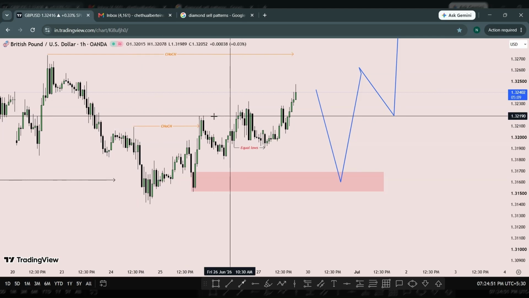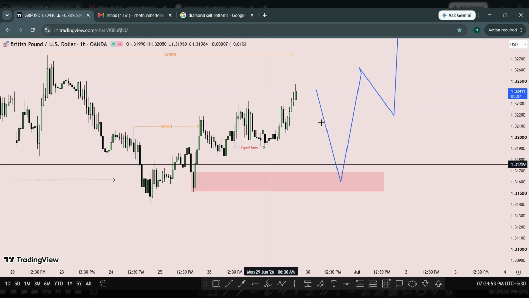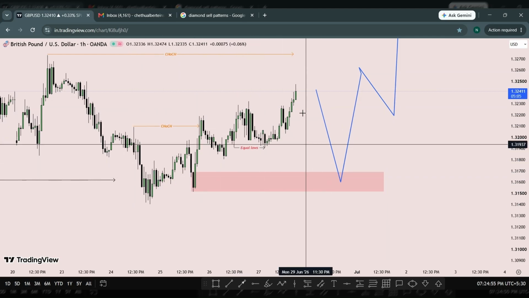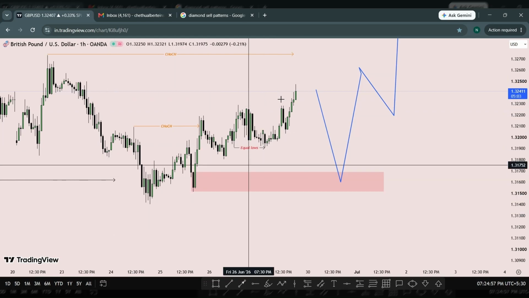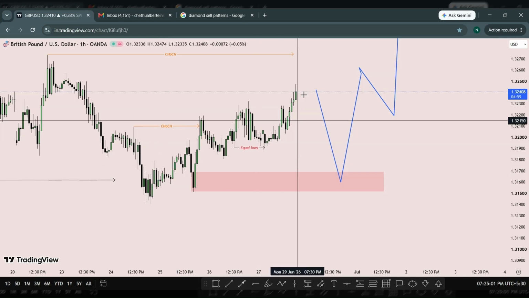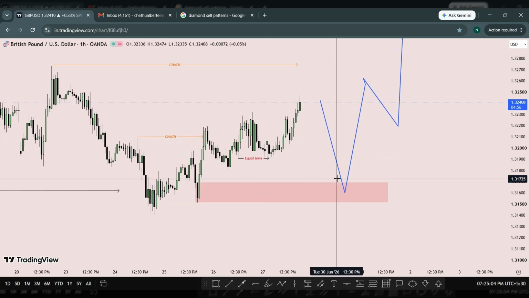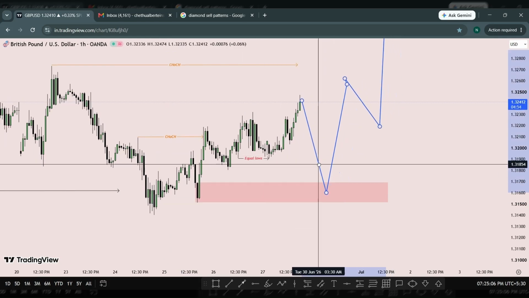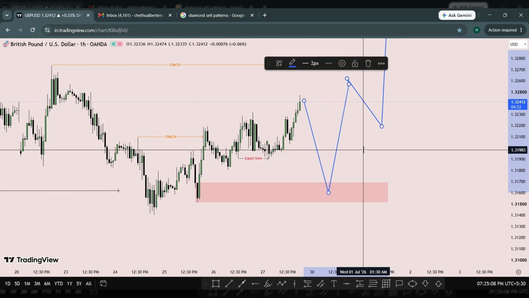I think this GBP USD is a risky trade because there is no confirmation, nothing from the hourly chart, 4 hour chart, and daily time frame. So if you really want to risk your capital some 1% to 2%, then you can take the trade like this.